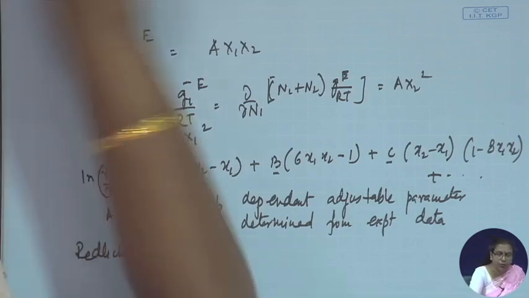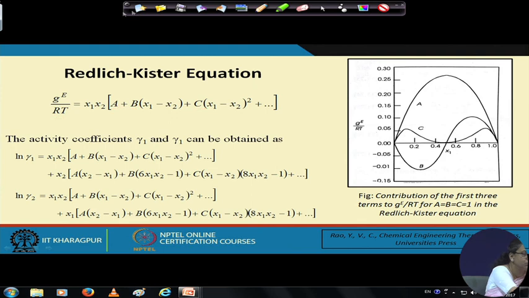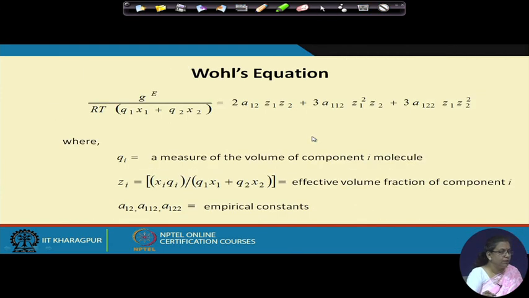Now there is one other way also, apart from the Redlich-Kister equation: it is the Hol's equation. This Hol's equation also takes into account the two body and the three body interactions, and it helps us to predict the excess Gibbs free energy of a binary liquid solution by taking into account the three body and two body interactions between the like and the unlike molecules.